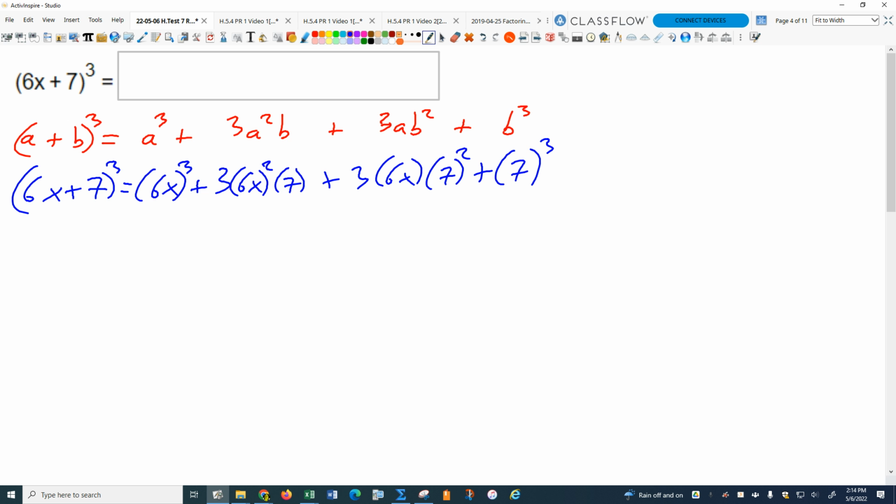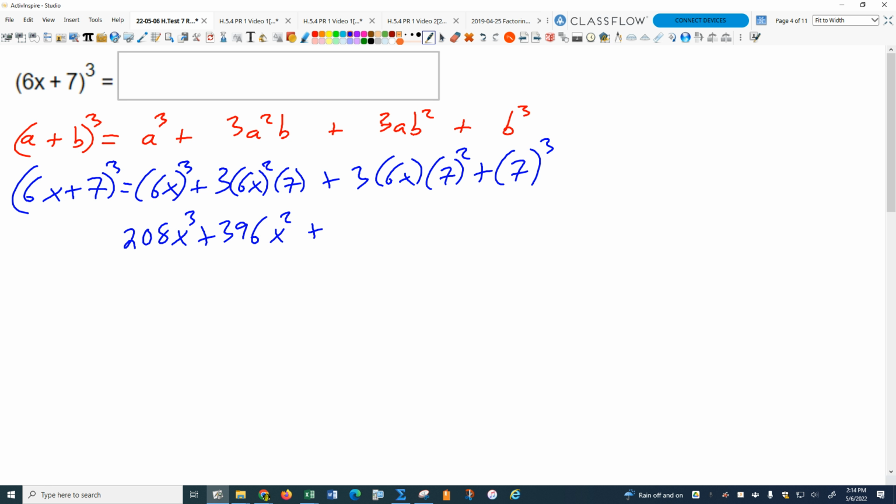So this is going to give us 6 cubed, which is, what is that, 208? 208x cubed plus 3 times 6 squared, which is 36, times 7. So we could do 3 times 7 is 21 times 36, which is going to be 396. You might want to double check me on a calculator.